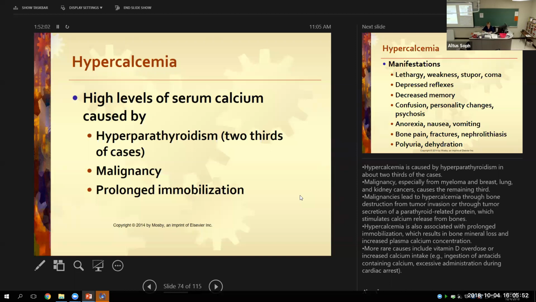That is how we are getting calcium into the bone. So when your patient's immobilized, your patient's not walking anymore, there's no impact on those bones. The calcium is not going to stay in the bones. So that's why sometimes our blood level of calcium gets high, because of those prolonged times of immobilization.